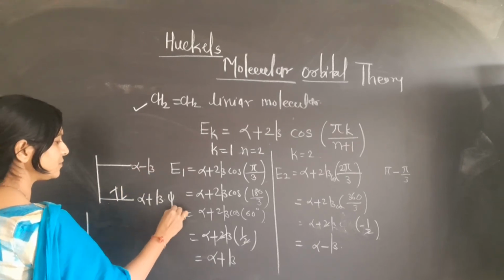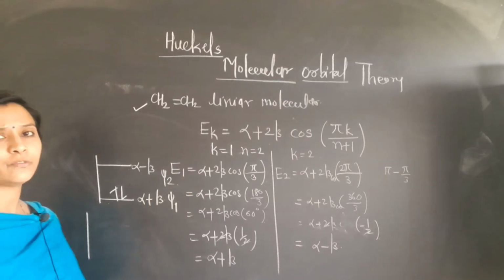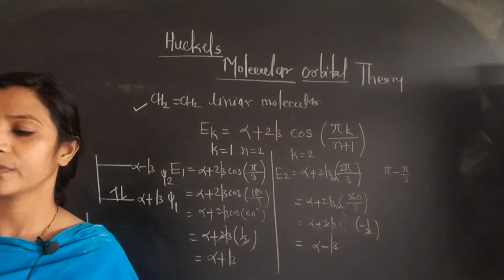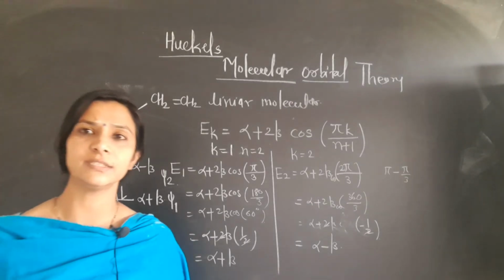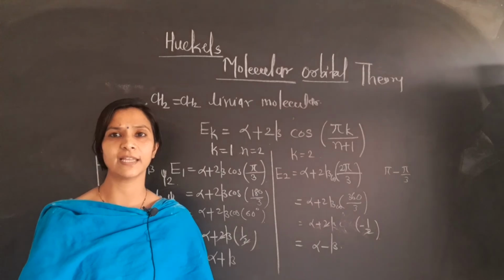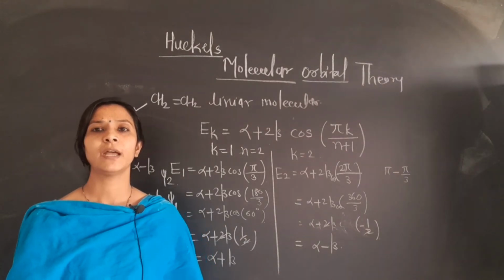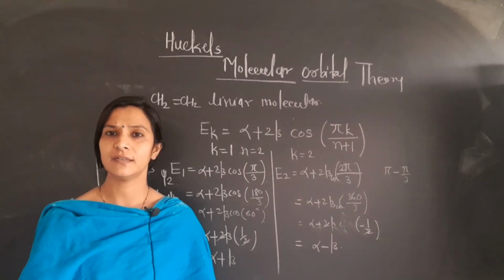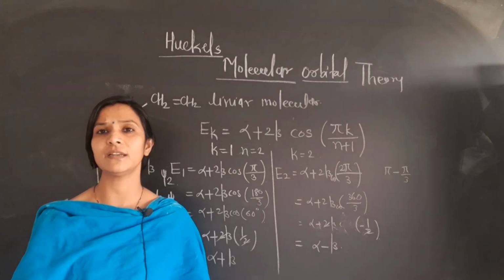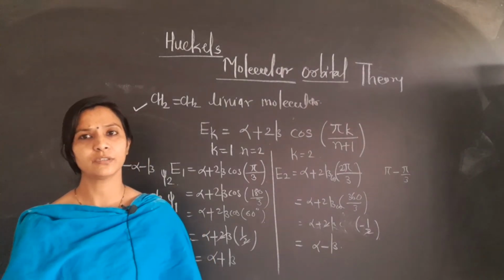This state is denoted by psi 1 and this state is denoted by psi 2. So friends, in this way we get the energy levels for acyclic as well as cyclic molecules. Hope you understand, and in our next video I will definitely attempt another example and the Frost diagram also.